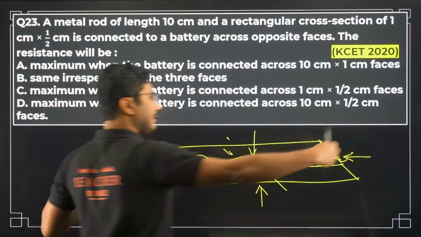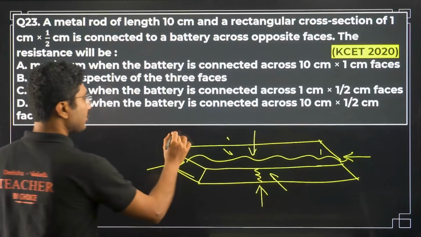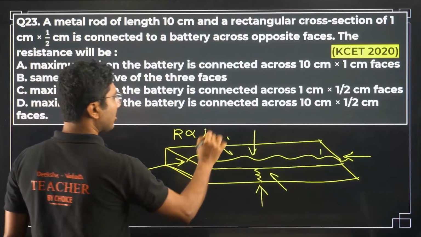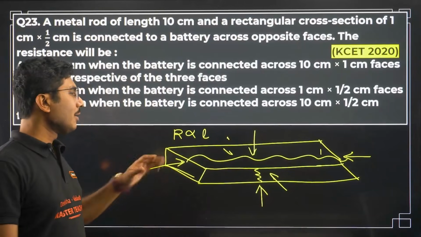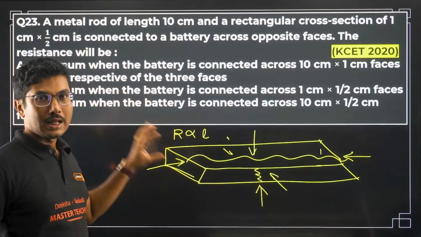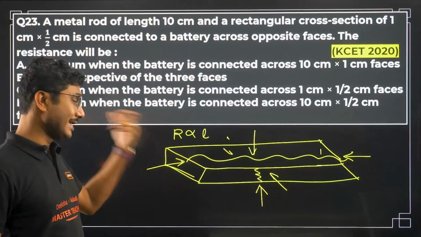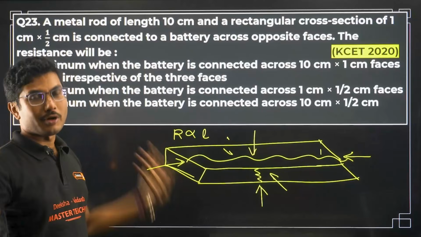Length maximum means resistance maximum. Resistance is proportional to the length of the conductor, and inversely proportional to area. So area should be smaller and length bigger for maximum resistance.